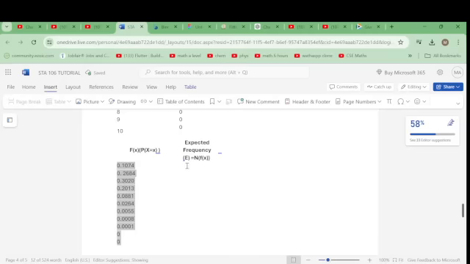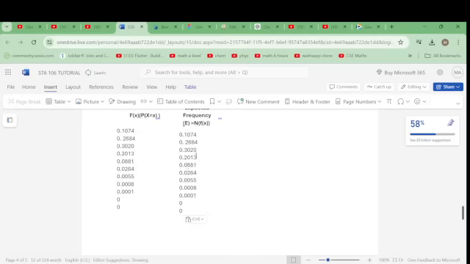I'm just trying to make this table presentable. Okay, I think it is fine like this. Now we will change it for each data.